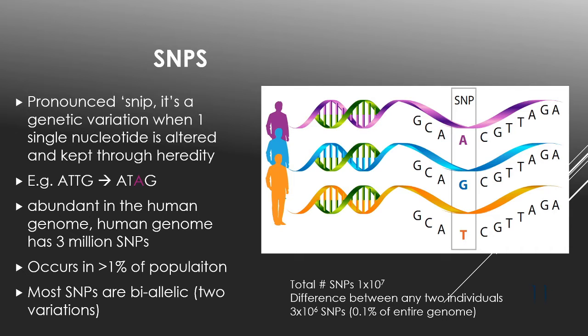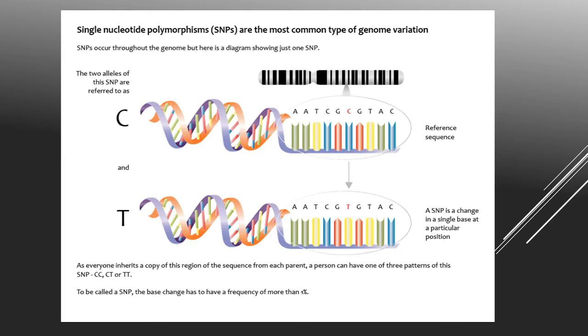The total number of SNPs is about 10 to the power of 7. The difference between two individuals is about 3 times 10 to the power of 6, meaning that it is 0.1% of the entire genome. Single nucleotide polymorphisms are the most common type of genome variation.